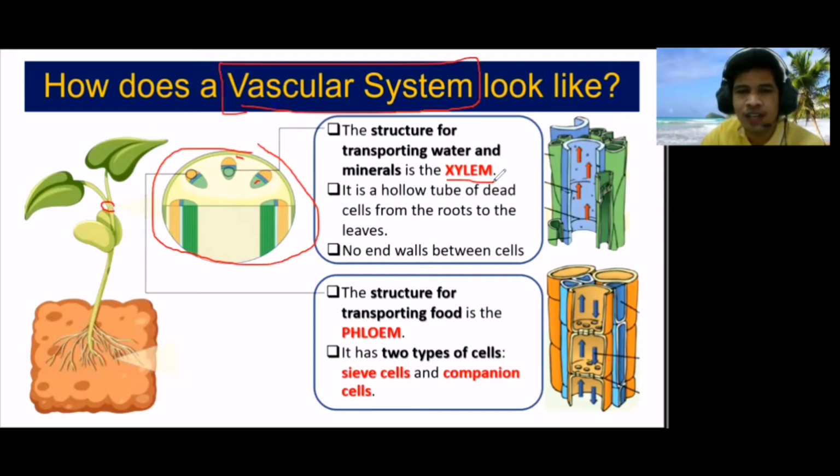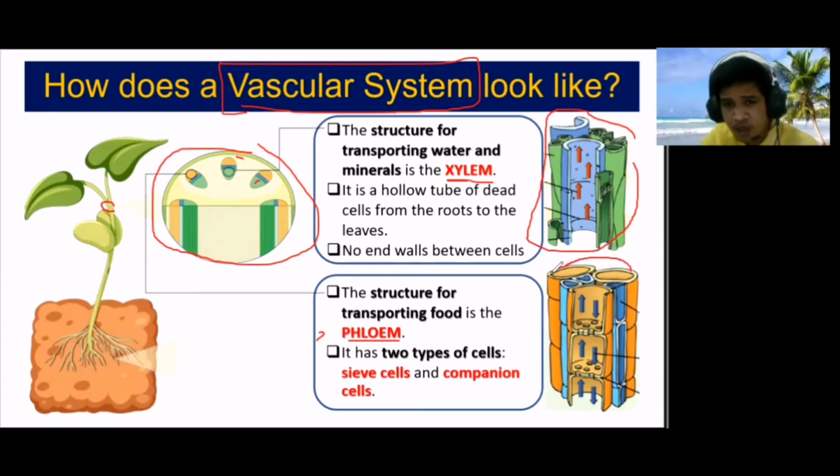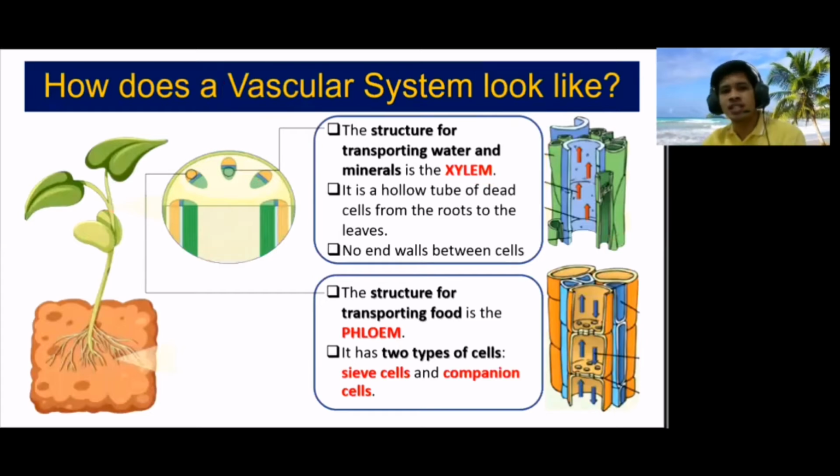Follow me, xylem. Number two is phloem. Phloem. Number one, xylem. Number two, phloem. The green one here is called xylem. The brown or orange one here is called phloem. Now, what is the difference between these two?